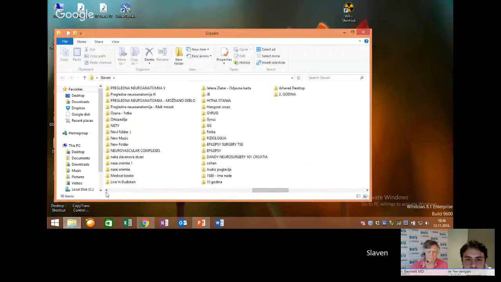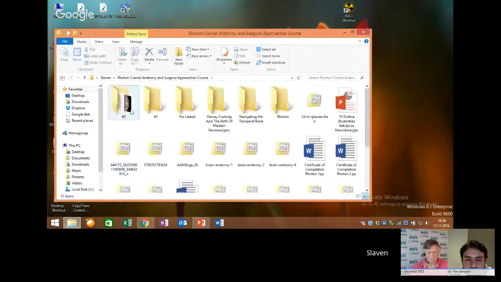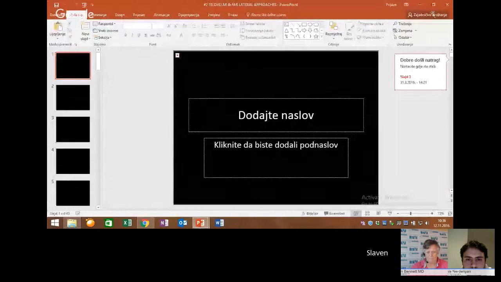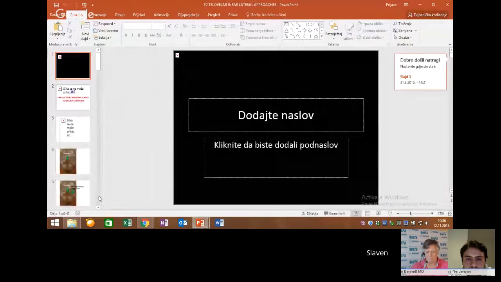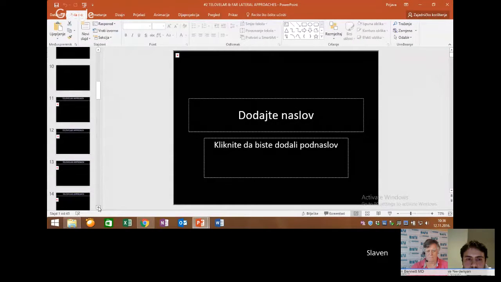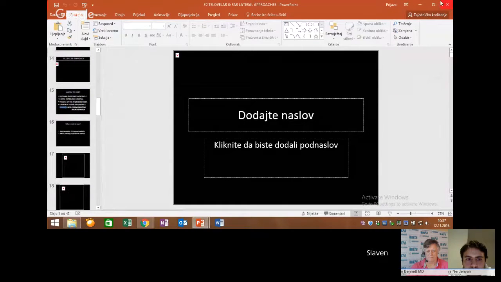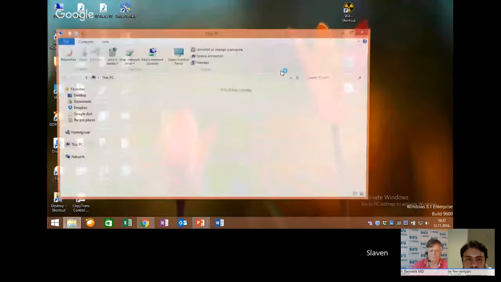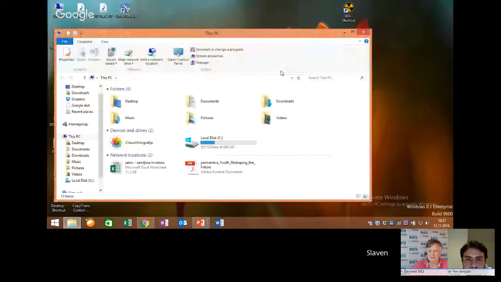All right. Rhoton cranial anatomy. So now, but wait, this also doesn't have images in it. Okay, I'm not satisfied with this. I'll try to fix the disk. The crowd is getting unruly. Oh, really? What's going on there?